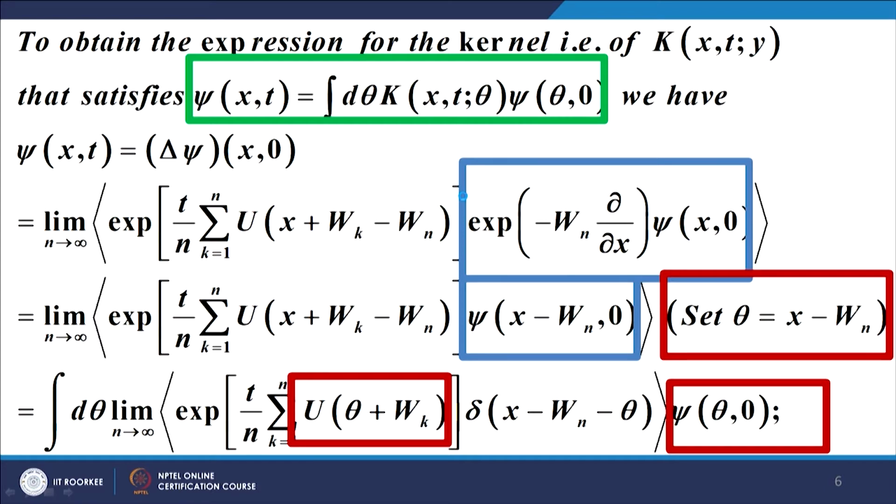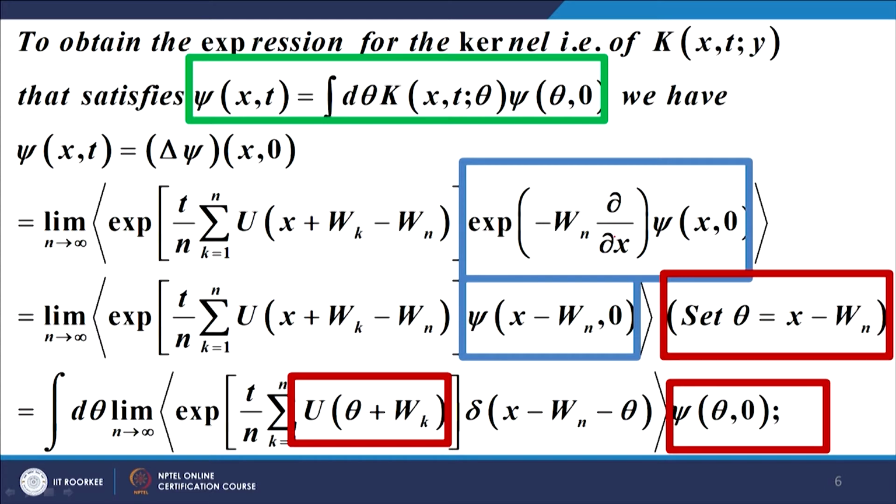We make a simplification. Again we use this translation property of the exponential of del by del x. The second term, exponential of minus Wn del by del x operating on psi(x, 0), does a translation in spatial coordinates, and it gives you psi(x minus Wn, 0).